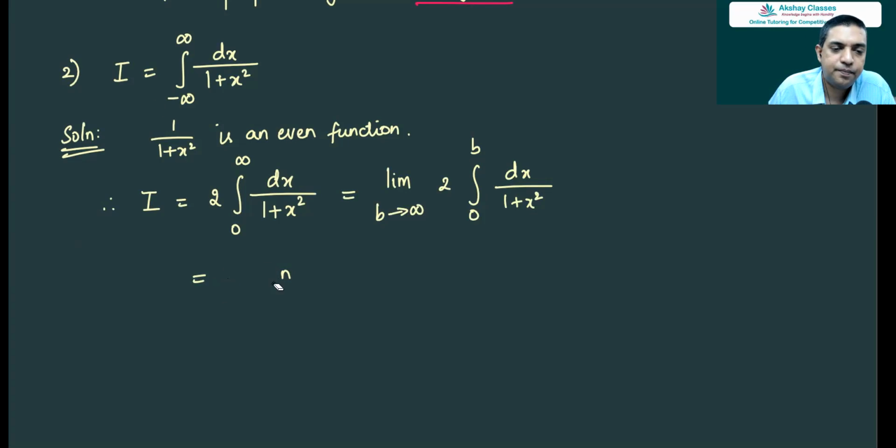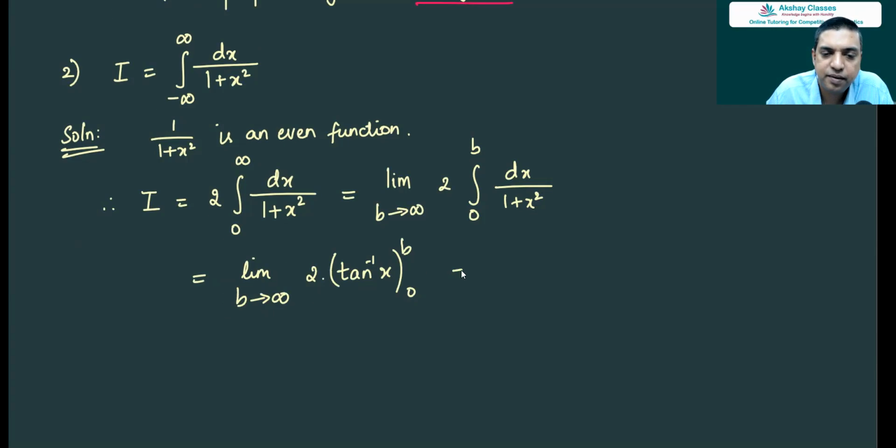So we get limit b tending to infinity, 2 into tan inverse x, applying the limits from 0 to b. So we get limit b tending to infinity, 2 tan inverse b. And as b tends to infinity, tan inverse of infinity tends to pi by 2.